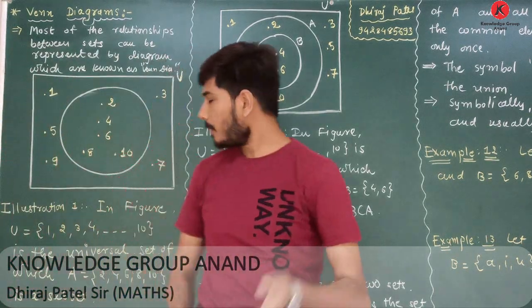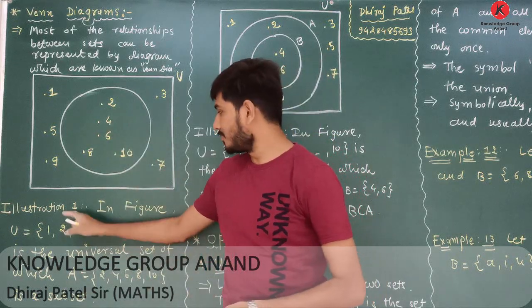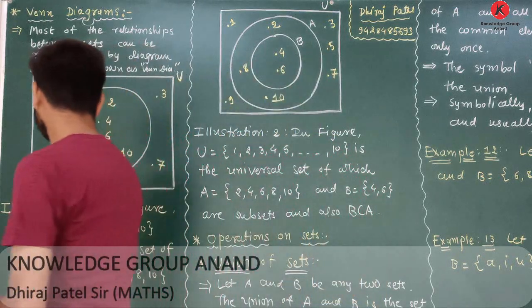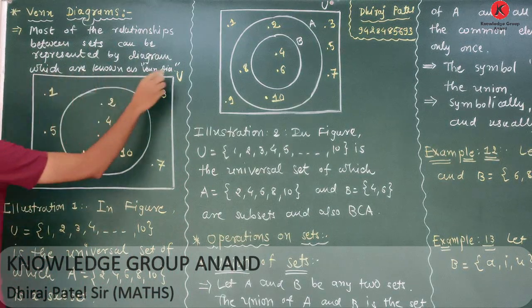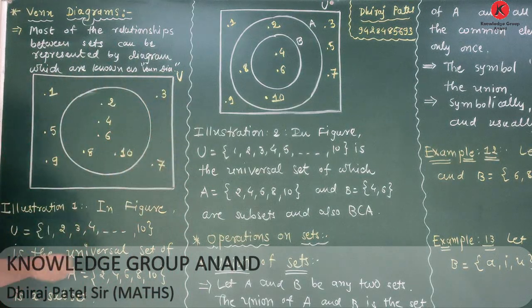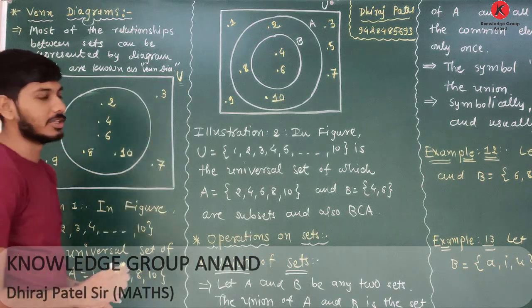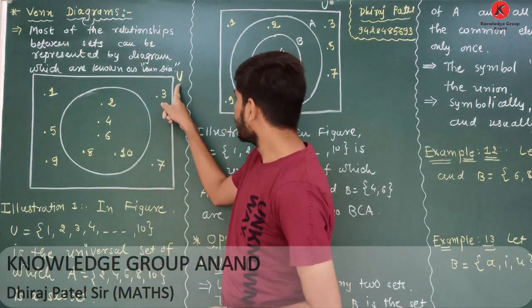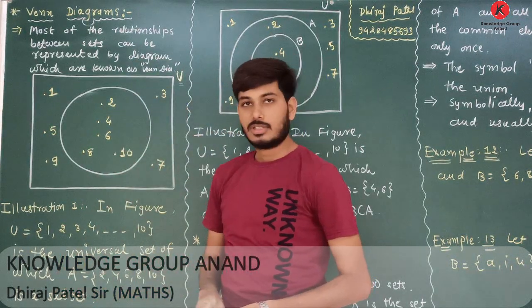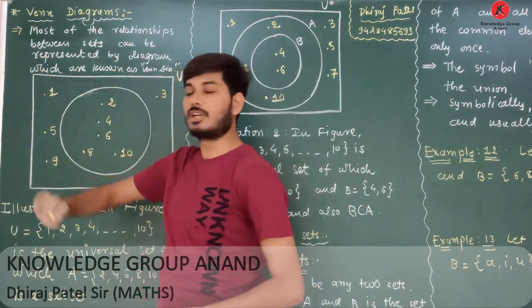Now see here, the first figure for illustration one: the rectangle represents our universal set, and you have to write U on this side, or you can write it on this side also.